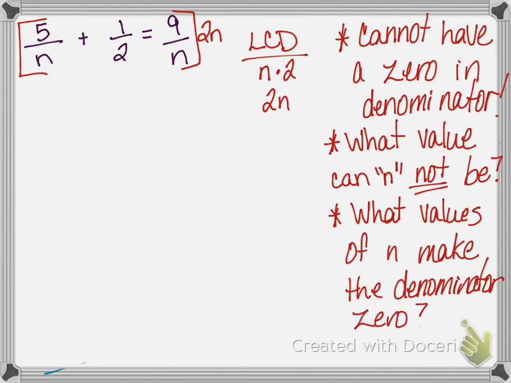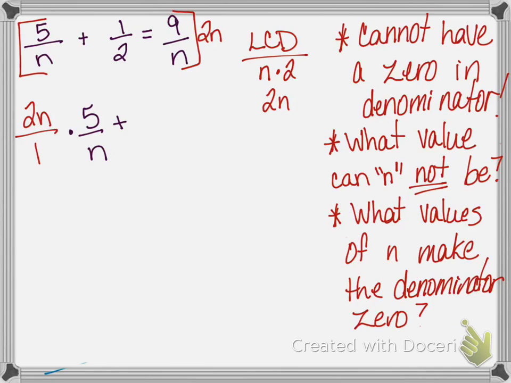Good question. Okay, so now I am going to multiply 2n, and that's going to be 2n over 1, times each one of my rationals, or my fractions.